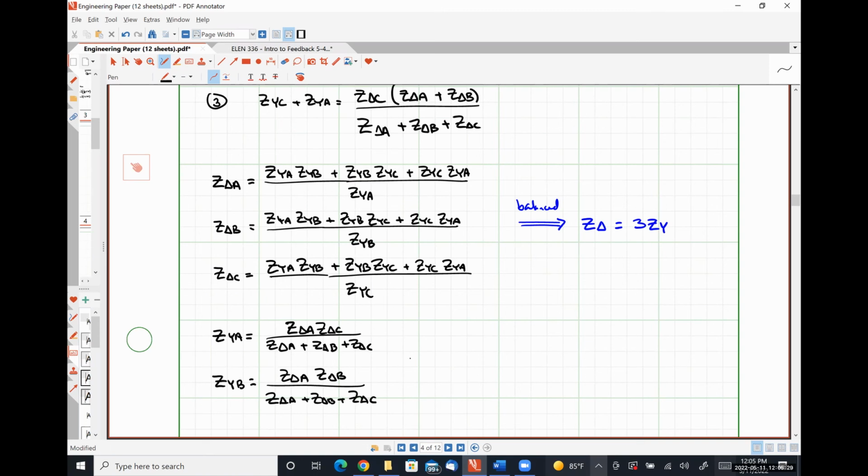And because I'm running out of room here, I'm going to tuck this one in the middle. ZYC would be Z delta B, Z delta C over that same denominator.